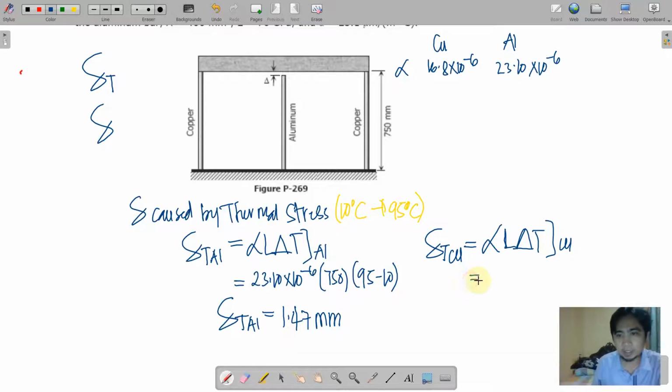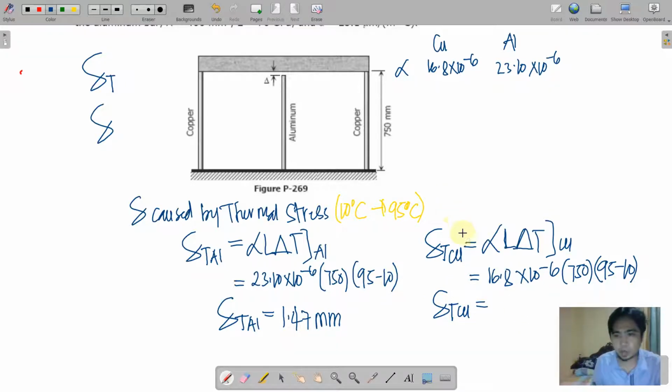So we have 16.8 times 10 raised to negative 6 times 750, the same length, and the same change in temperature. So delta T of the copper will be equal to 1.07 millimeters.